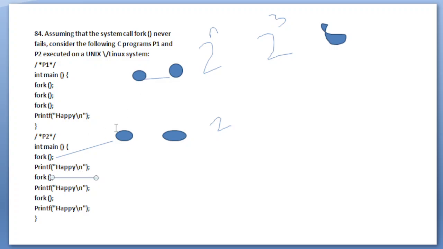The next fork again creates a parent and its child, and these two already created processes will also each generate one child.